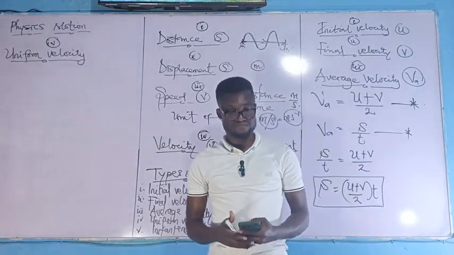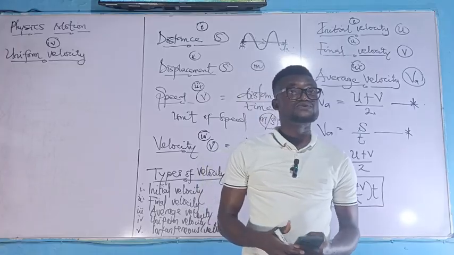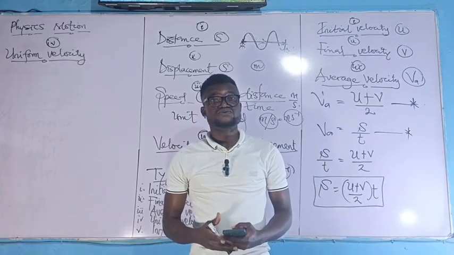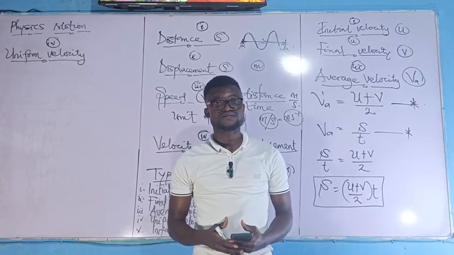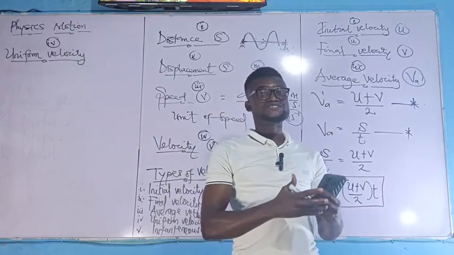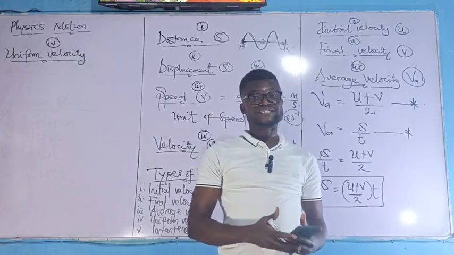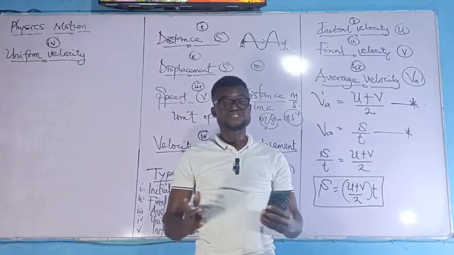I repeat, uniform velocity is a type of velocity in which the rate of change of displacement with time remains constant.